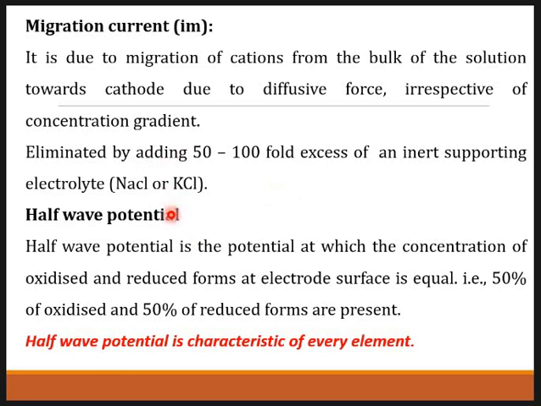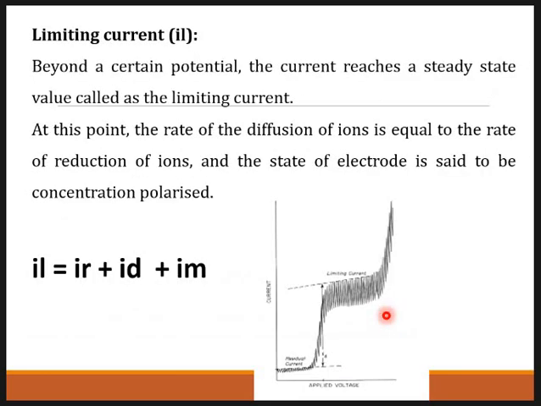Then the next important information from the polarogram is the half-wave potential. The half-wave potential is the potential at which the concentrations of oxidized and reduced forms at the electrode surface are equal. That is, 50% oxidized and 50% reduced forms are present. Are you clear about this?